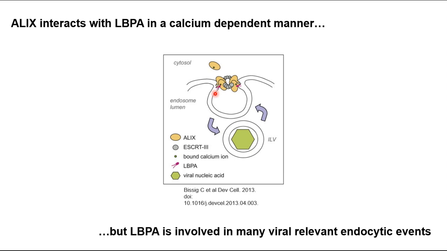So it's a different mechanism for formation of intraluminal vesicles than the canonical one that is regulated by ESCRT, and it was surprising for us when we saw that ALIX has a role, and then it directed us to check if LBPA plays any role in the infection of the virus.